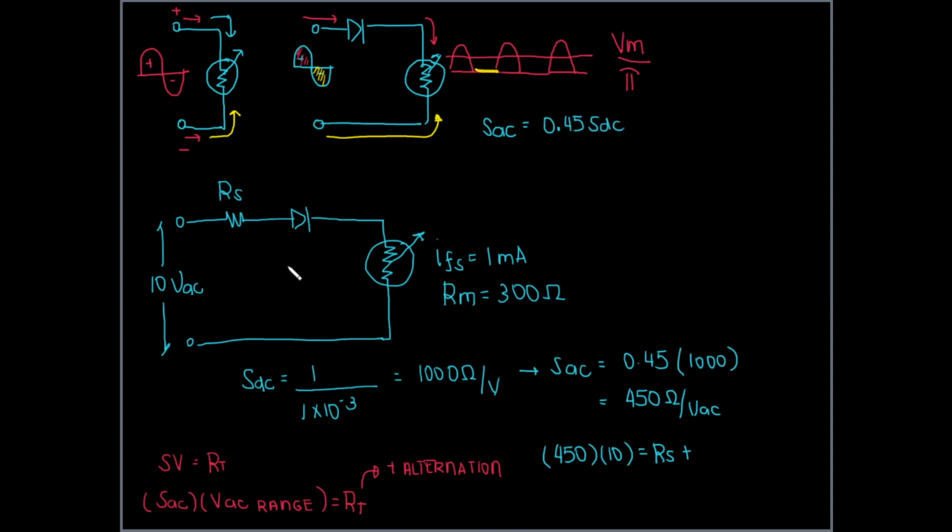However, judging from how the problem was presented, it's telling us that we are going to treat this as an ideal diode. So it has zero resistance. So plus Rs plus zero, and then the last resistance which we must consider is the resistance, of course, of the meter movement.